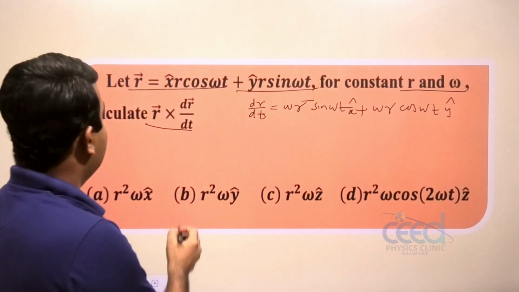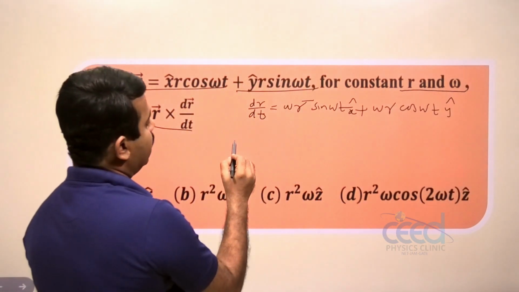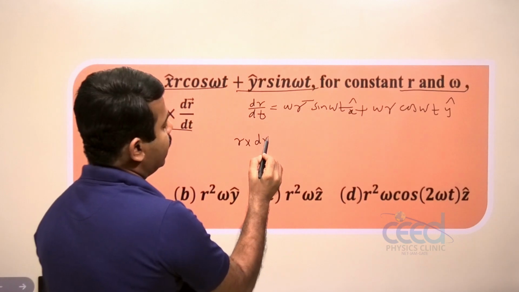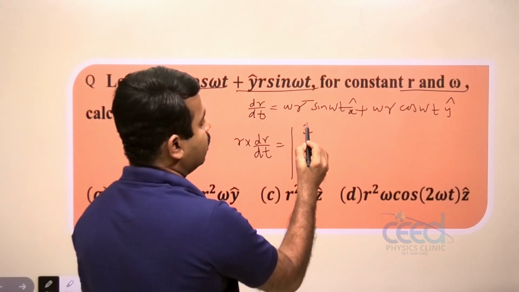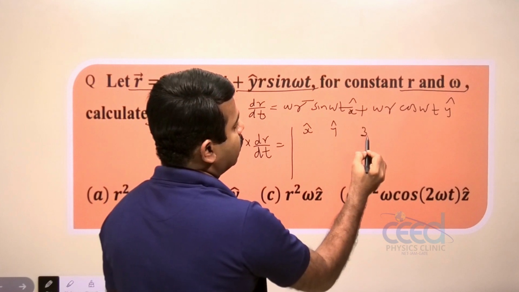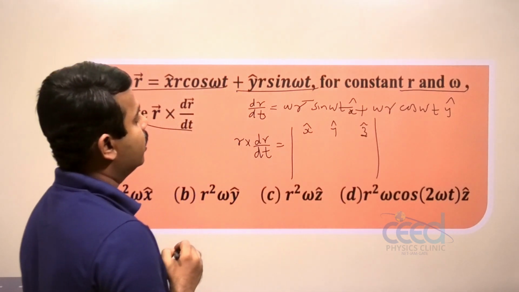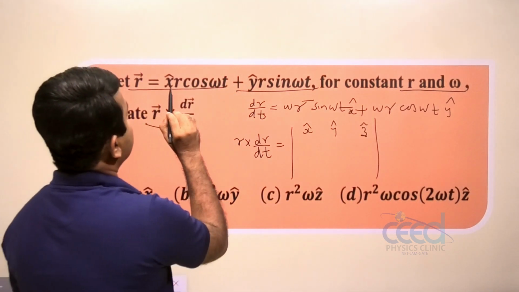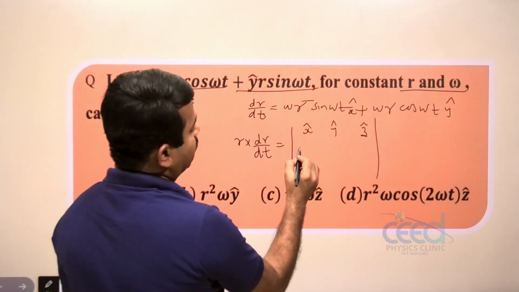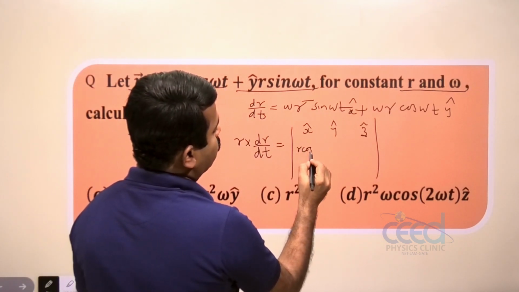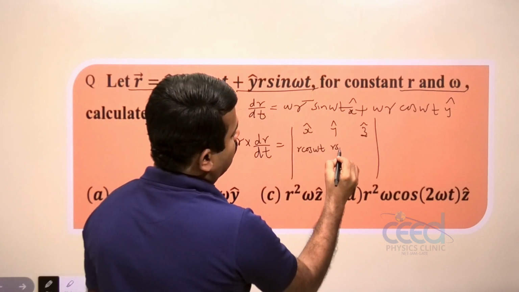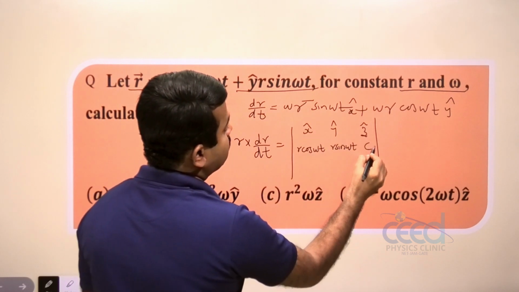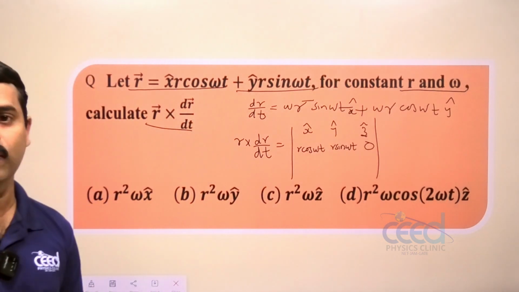Now we want to find r cross dr by dt, the cross product, that is x cap, y cap, z cap. What is the component of r? That is r cos omega t, r cos omega t, here r sin omega t, here 0, no k cap component.